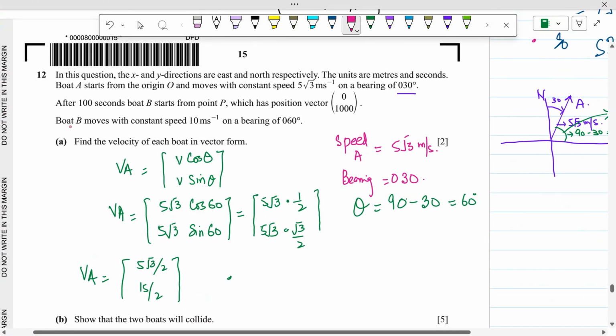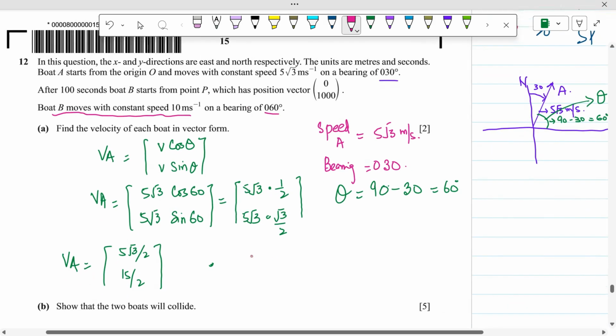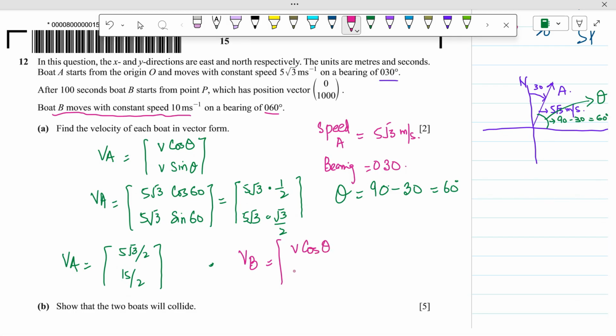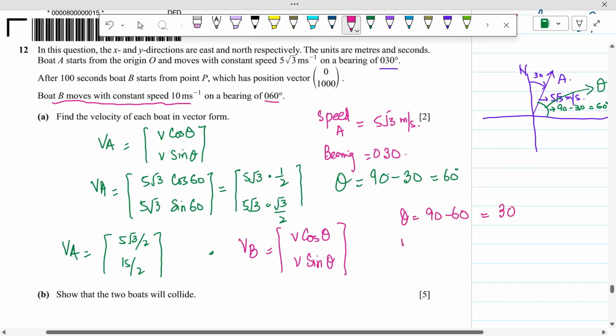Similarly, boat B has a constant speed of 10 meters per second with the bearing of 060. So the velocity of B is V cos θ and V sin θ. And θ in this case is 90 minus 60, which equals 30, and the speed V is 10 meters per second.